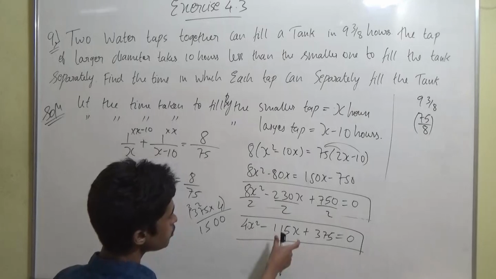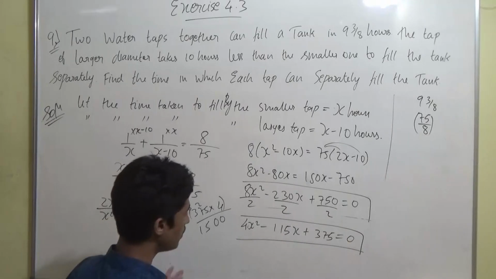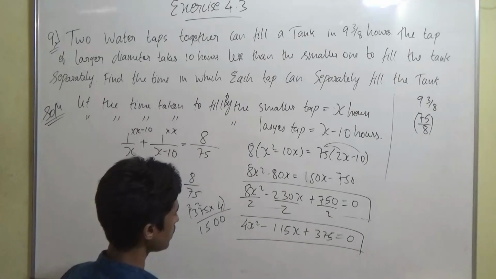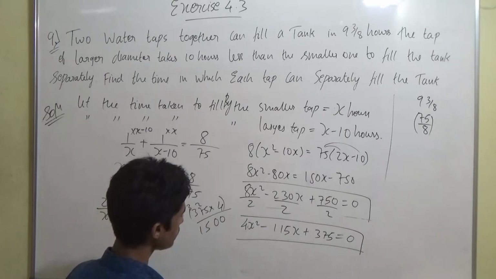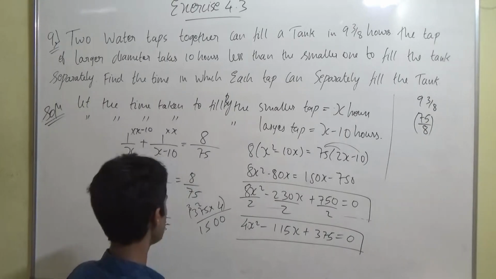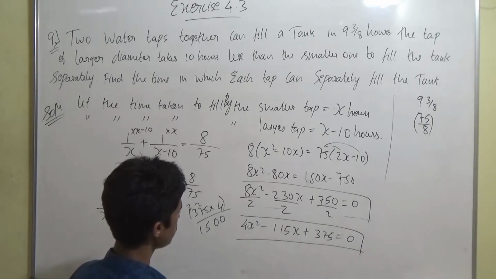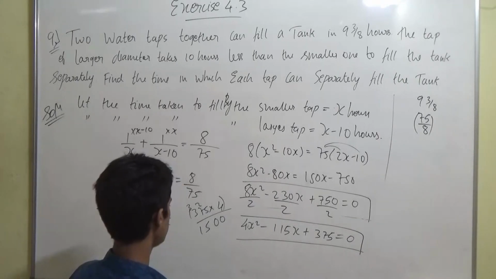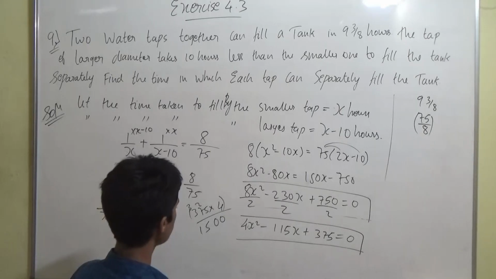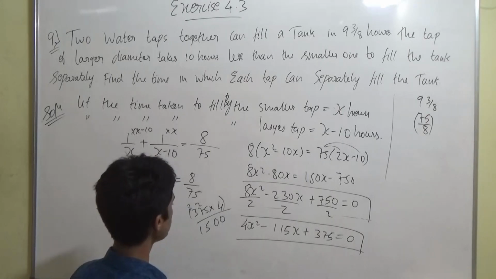Getting it? Now we have to split this middle term in such a way that when you multiply them, you should get 1500. Getting it? Okay, it can be like 15 into 10, but it's not possible. 15 into 100 it is.